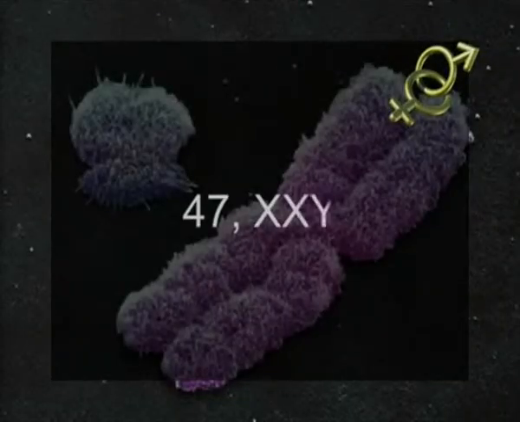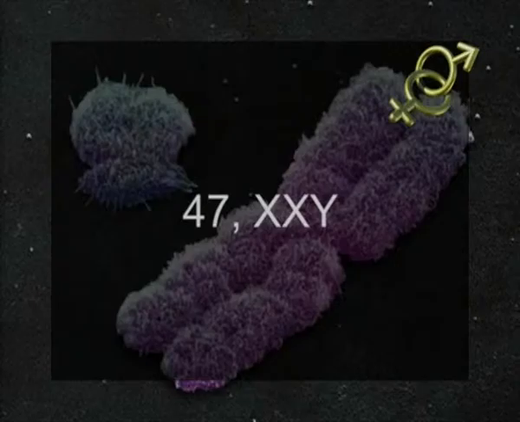Males with Klinefelter syndrome typically have one extra copy of the X chromosome in each cell for a total of two X chromosomes and one Y chromosome, that is 47 XXY.